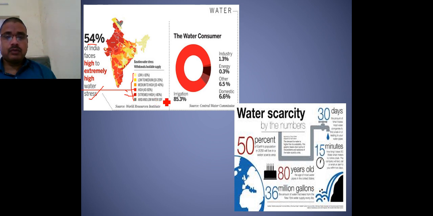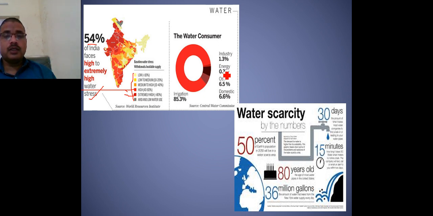Now there are sectors where water is consumed. Out of the water available on earth, 1.3% is used by industry, whereas 0.3% of water is used to make energy.